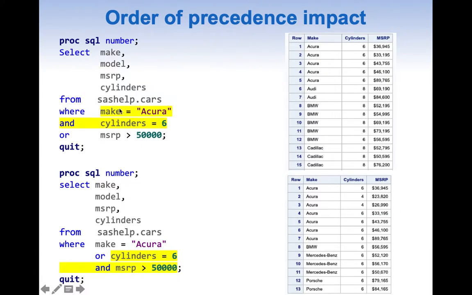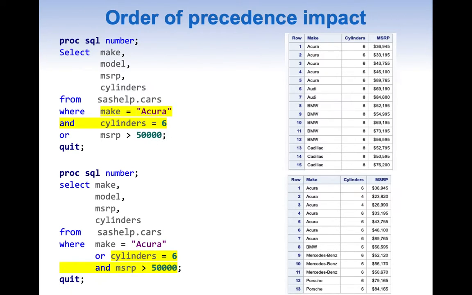So what happens in here is, first make equal to Acura and cylinders equal to 6 gives a result, and then it does an OR on MSRP greater than 50,000. So our results will have either the first condition, that is the WHERE and AND clause, or it will have this result, that is OR MSRP greater than 50,000.